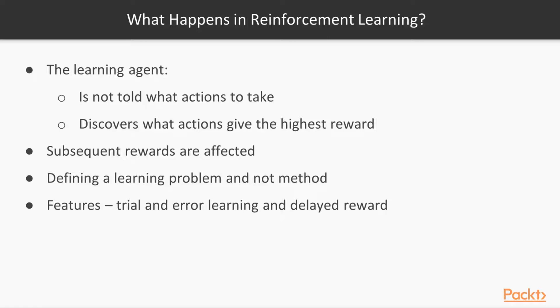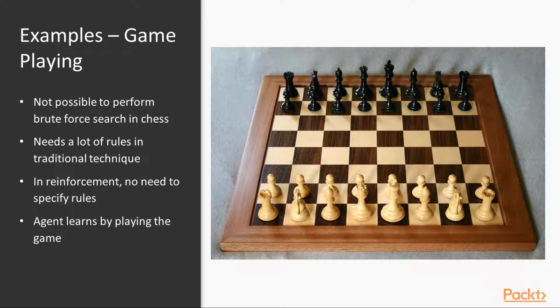Now let's see where reinforcement learning occurs in the real world. This will help us understand how it works and what possible applications can be built using this concept. Game playing. Let's consider a board game like Go or chess. In order to determine the best move, the players need to think about various factors. The number of possibilities is so large that it is not possible to perform a brute force search.